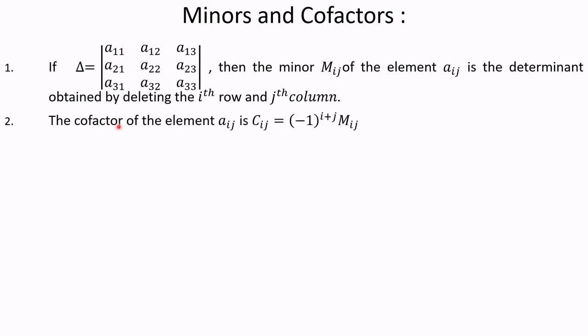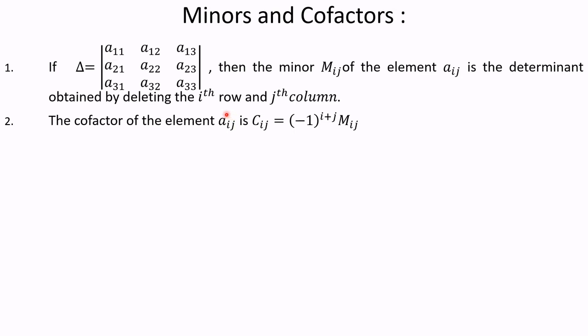The cofactor of element Aij is Cij, given by the relationship Cij equals minus 1 to the power of i plus j into Mij. Let us take for example the first element A11.